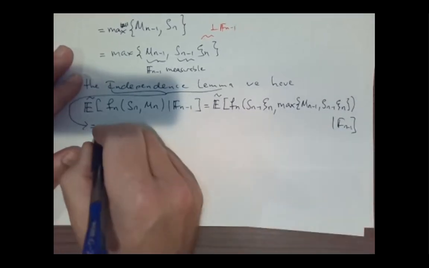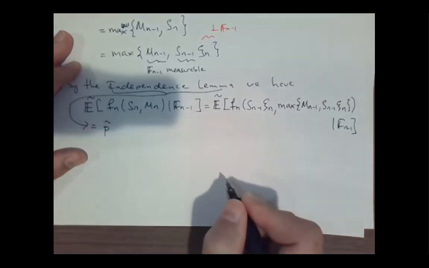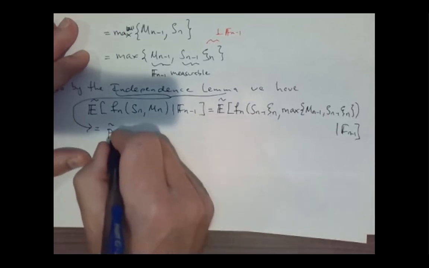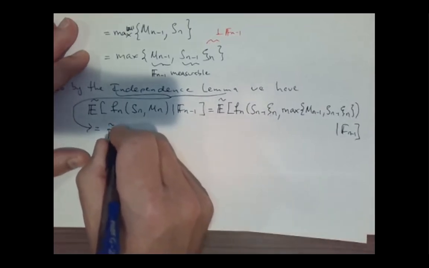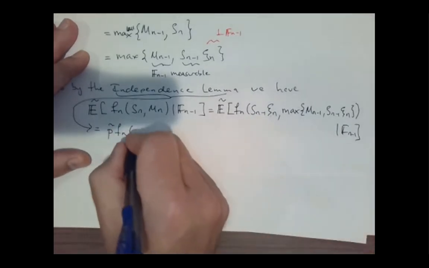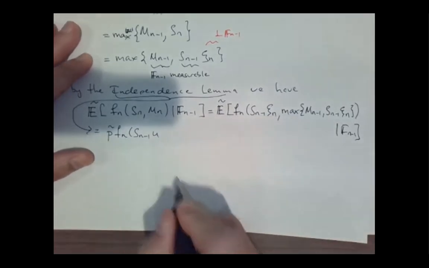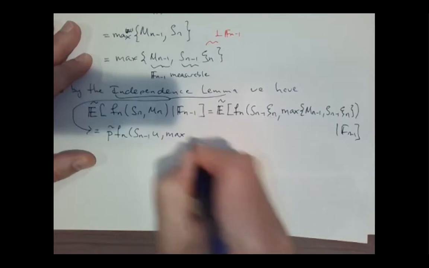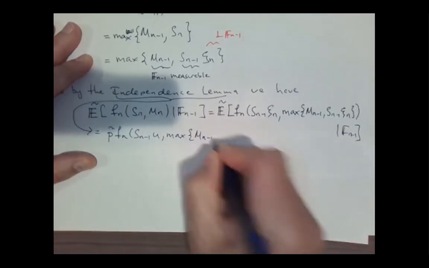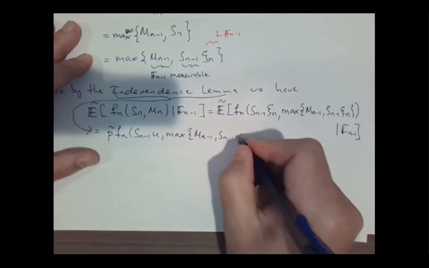So I'll get here P tilde times Fn of Sn minus 1 times u, with a max of Mn minus 1 and Sn minus 1 times u.